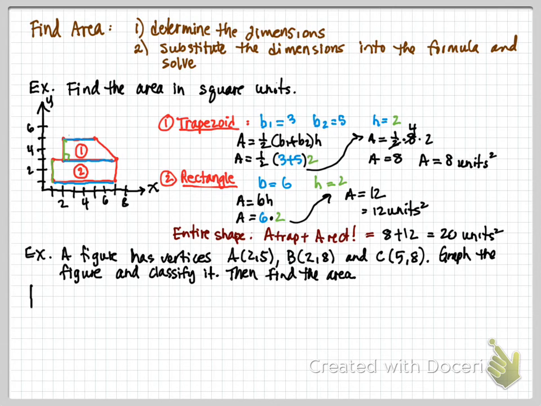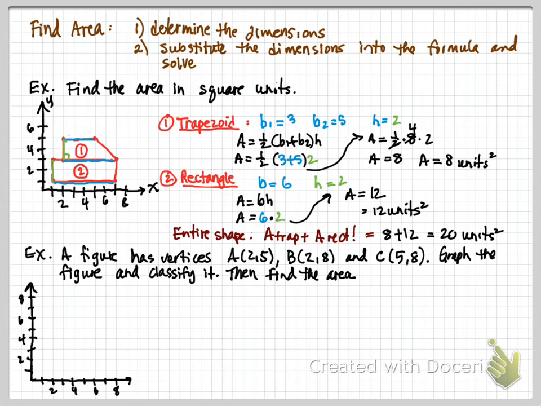So I draw a graph. 2, 3, 4, 5, 6, 7, 8. So 2, 4, 6, 8. 1, 2, 3, 4, 5, 6, 7, 8. 2, 4, 6, 8.